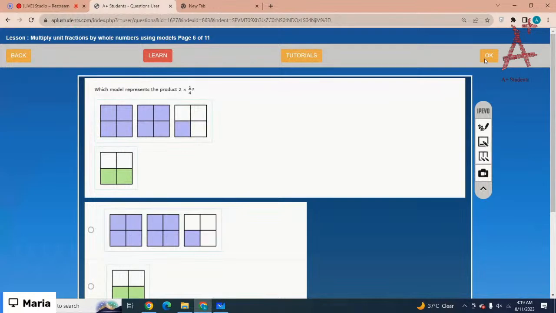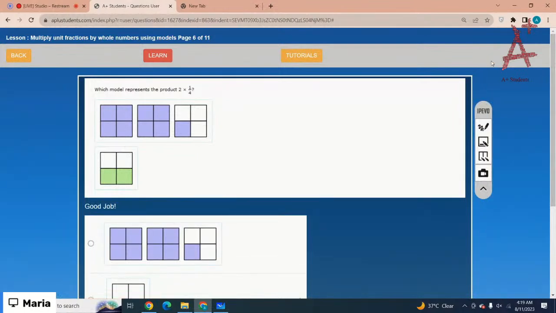Which model represents 2 times 1 over 4? So that means it is 2 out of 4. That means the total portions are 4, just 2 of them are colored. So it would be this one with the green color. So second option is the correct option, right?